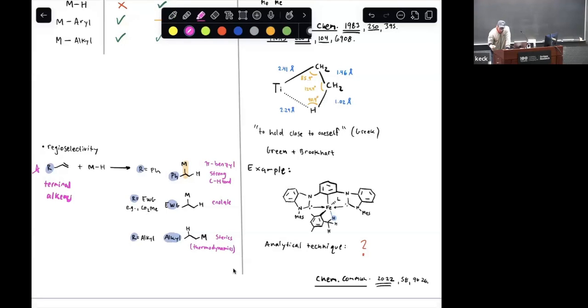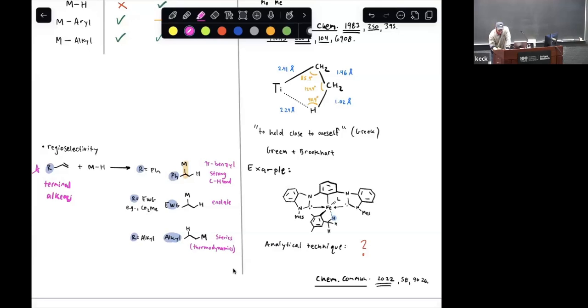And then another important consideration that I think as organometallic chemists we should always have in the back of our mind, but sometimes don't, is that in this type of migratory insertion, it's insufficient to only consider the new carbon-metal bond that you're forming, but also the new C-H bond, or in the case of carbometallation, the new C-C bond that you're forming.